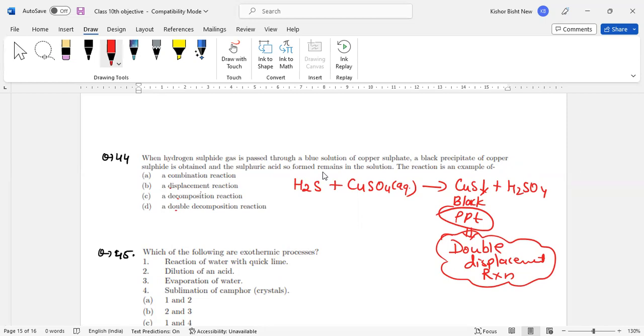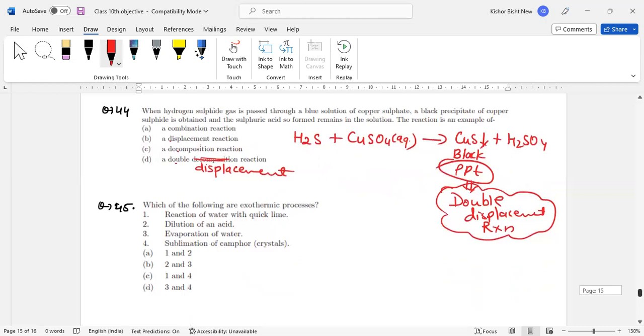Double decomposition is wrong. Double displacement reaction, not double decomposition. Now come to the next question.